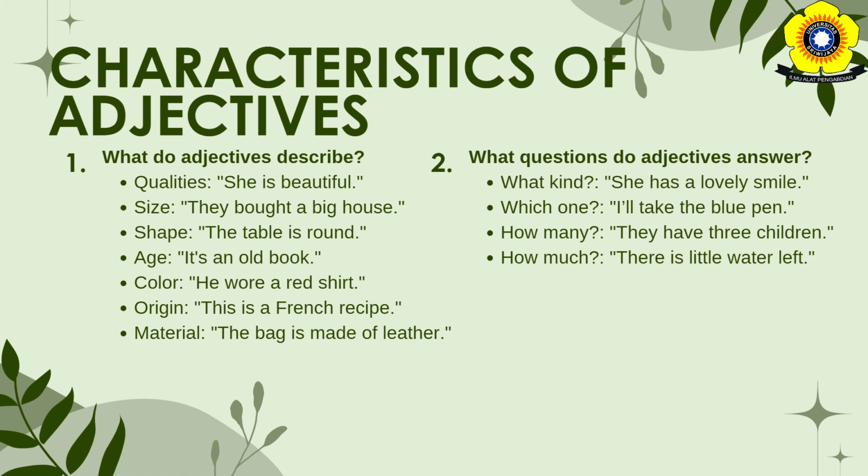Characteristics of adjectives. Usually, adjectives describe quality, size, shape, age, color, origin, and material. And usually, adjectives answer the questions what kind, which one, how many, and how much. For the examples, you may see them by yourself.